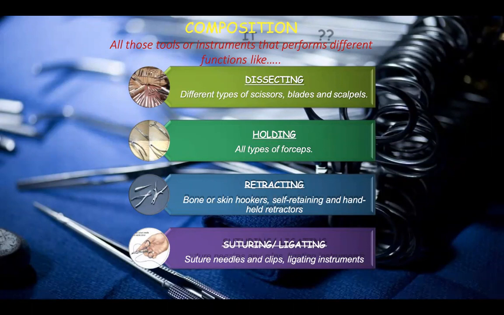First they dissect, that is, open, in the surgical procedure, then hold with forceps, then retractors are used. Then suturing and ligation: stitches have to be done. Suture needles and clips, ligating instruments have to be applied.